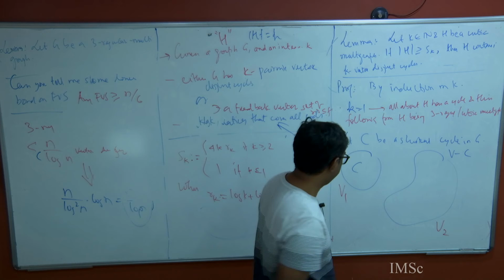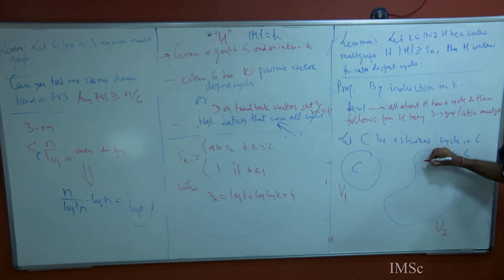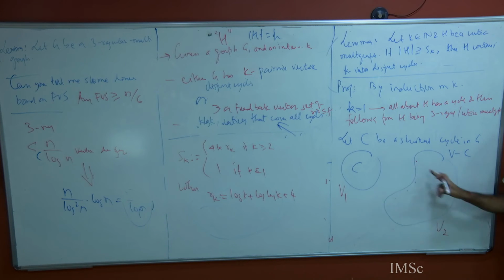Now let's look at the vertices here. How many edges could cross between this and this at most? That is upper bounded by the cardinality of C.